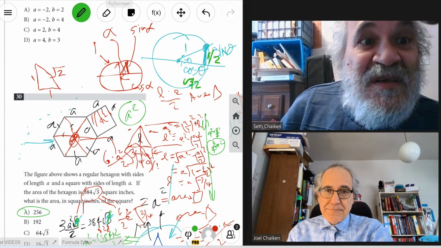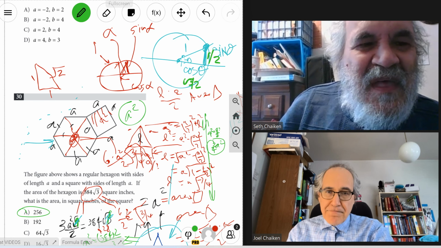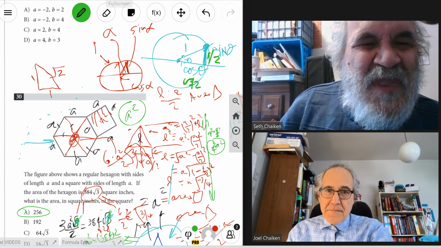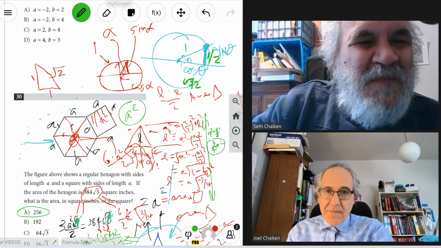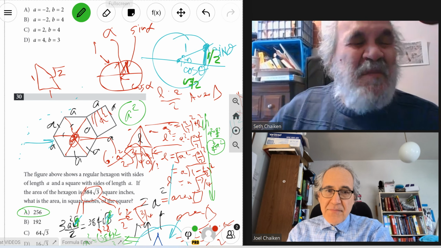If the angle is in the third quadrant, both sine and cosine are negative. In the fourth quadrant, cosine is positive and sine is negative. So I draw this little circle. It reminds you of those things.